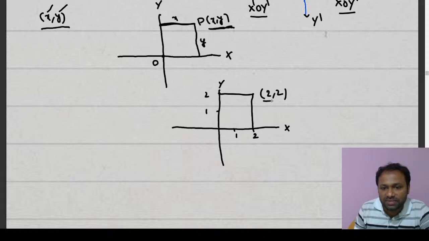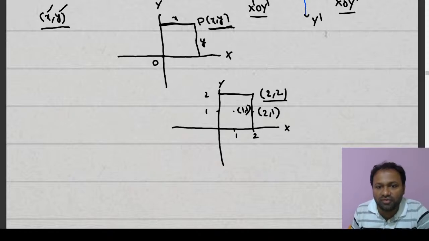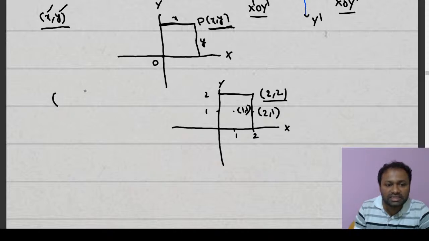That's why the ordered pair 2 comma 2 will be the point in the plane. Suppose if we take here, we can represent it as 1 comma 1. If you take here, you can represent it as 2 comma 1. So this is the representation of point in the plane. So ordered pair x comma y, here the first one is called x coordinate and the second one is called y coordinate, right? And already I told this is called abscissa and this is called ordinate, right?